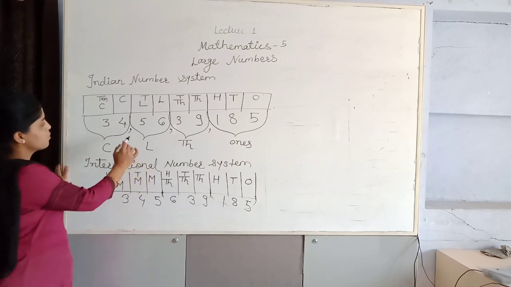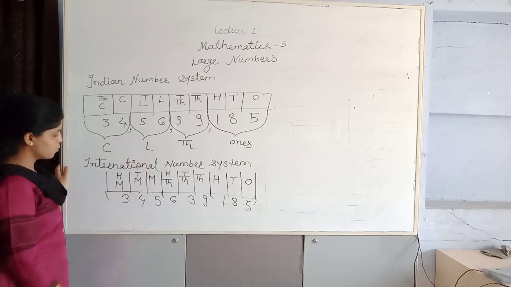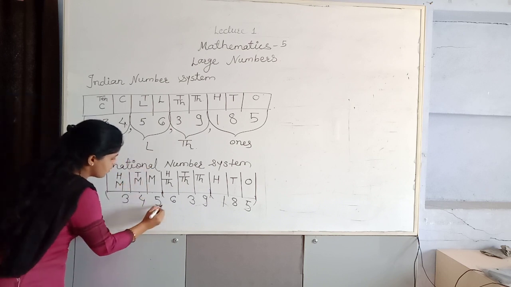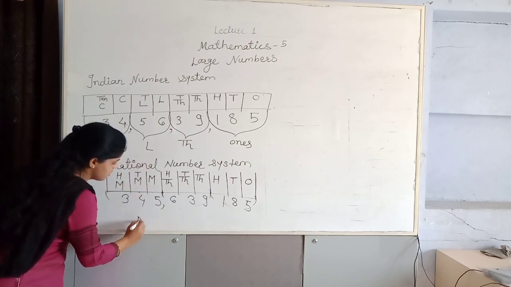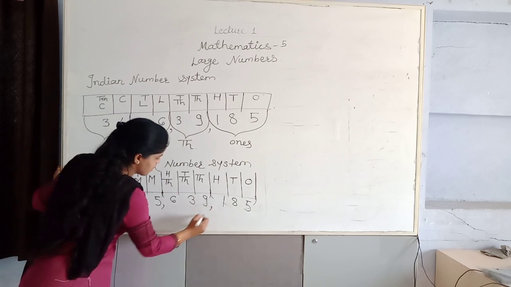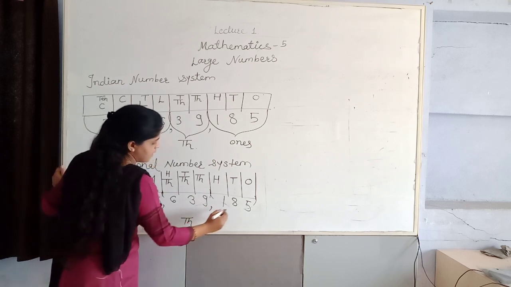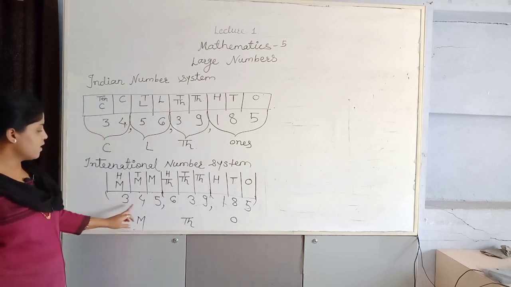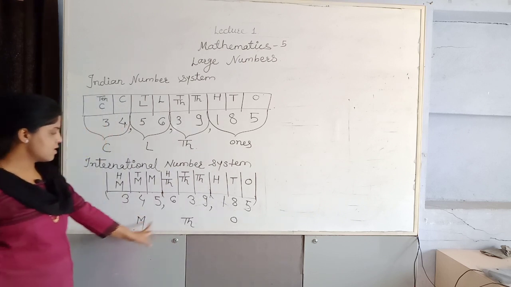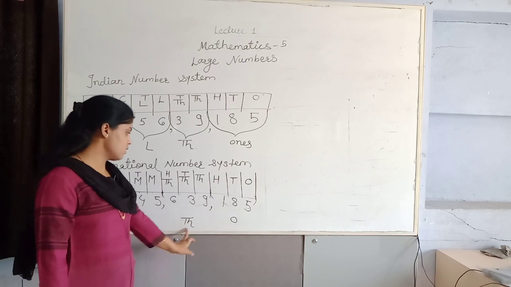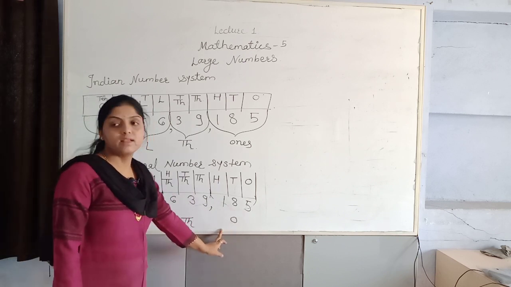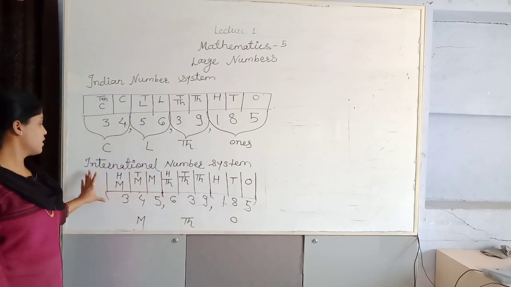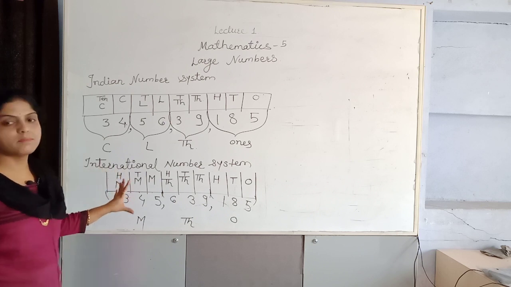I have told you that according to the periods we have to put commas. So I will put a comma after the millions period. This is the millions period, it is the thousands period, and it is the ones period. So 345,639,185. This is the way to read the number using the international number system.